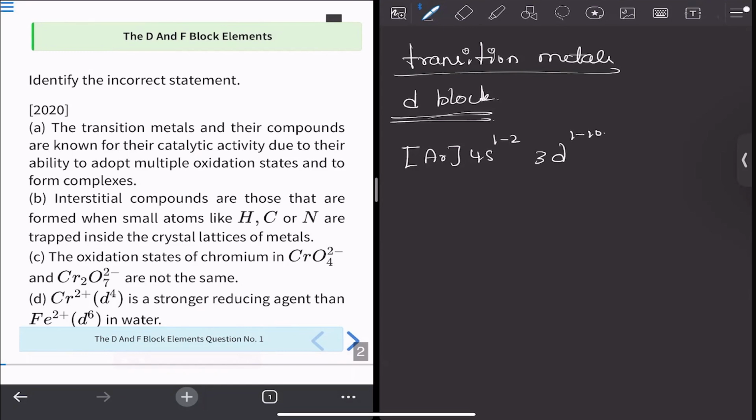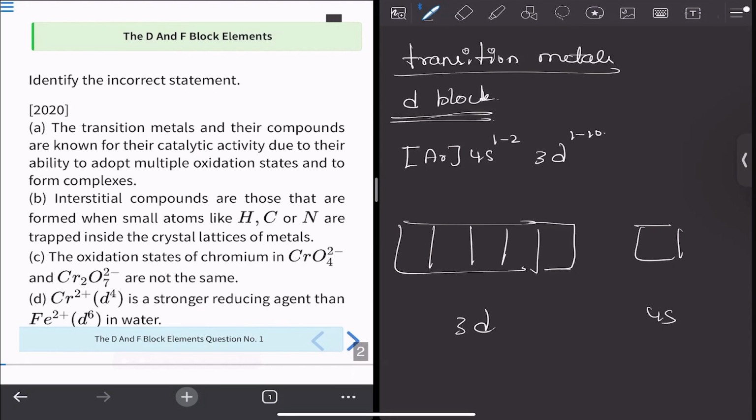This is the configuration the D block elements have. This is the 3D shell, this is the 4S shell. Thus there are 10 elements, and they will be having electrons in these shells.